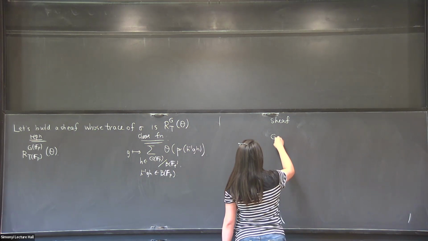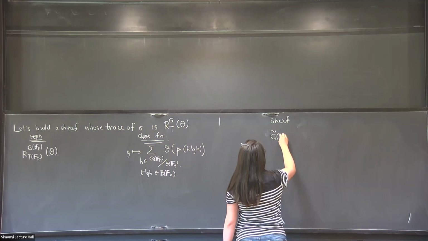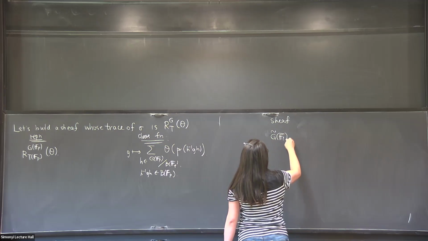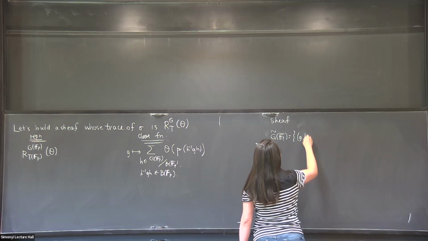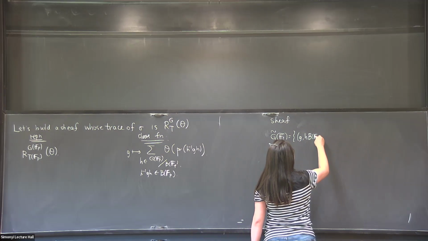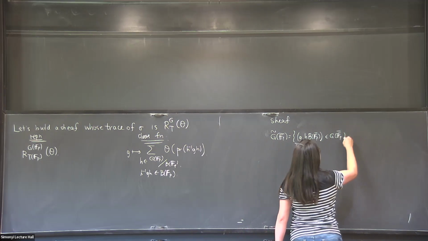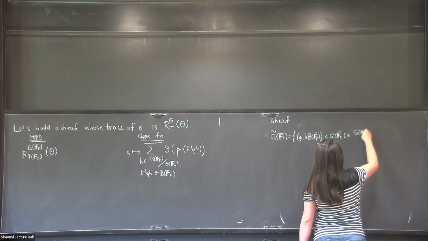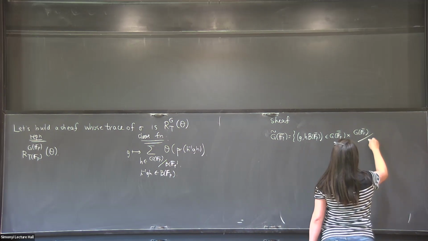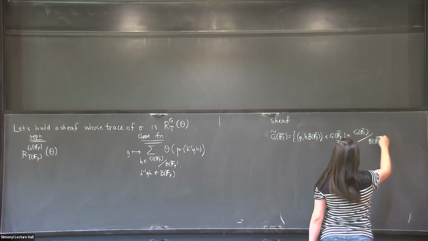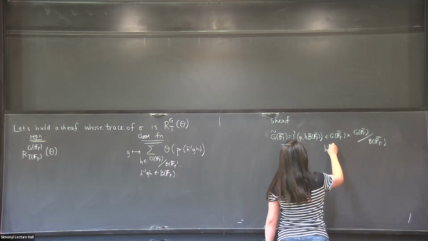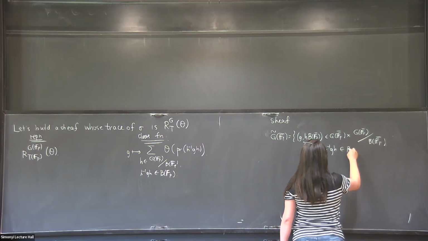So let me write down something. I'm gonna write down something called G tilde of FP bar. And this will consist of all things G comma H B of FP bar inside G of FP bar times G of FP bar divided by B of FP bar, where H inverse GH is inside B of FP bar.